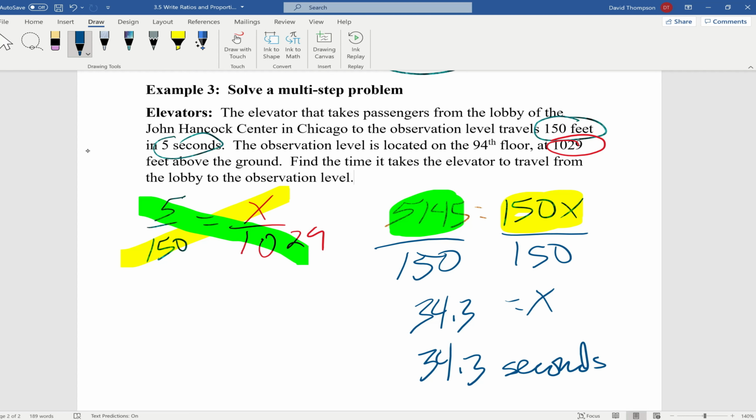And if we set up our original equation, 5 over 150 equals 34.3 over 1029. You know, 5 times 7 is roughly 35. And 150 times 7 is 1050. So it is a reasonable answer.